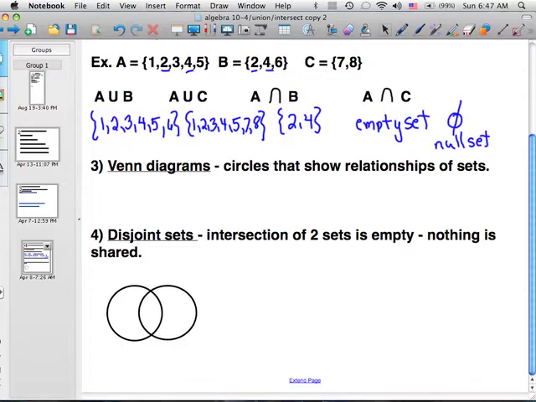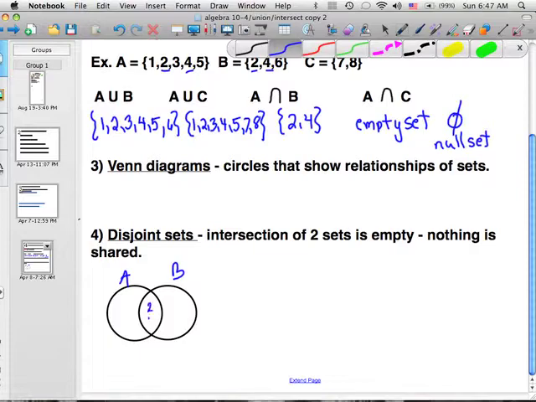So this would be set A, and this would be set B. And in the middle part, I would put what the intersection is, which is 2 and 4. And then the part that's not shared by B, I would put 1, 3, 5. And for B, it would be the 6 over here.